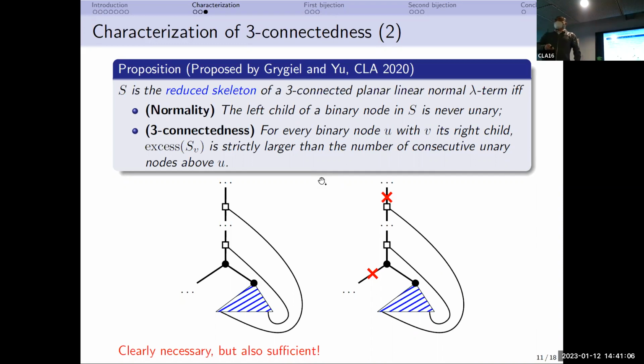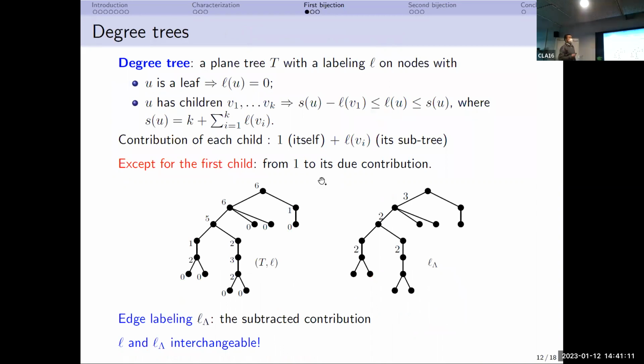Okay, so with this condition, we can try to do the real bijection. And first, I'll introduce an intermediate object called a degree tree. It is simply a plain tree with some labeling on the nodes. The leaves have label 0. For internal nodes, the contribution of each child to the label of the parent is 1, for the node itself, plus its label.